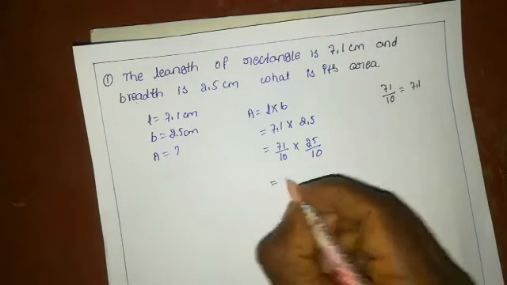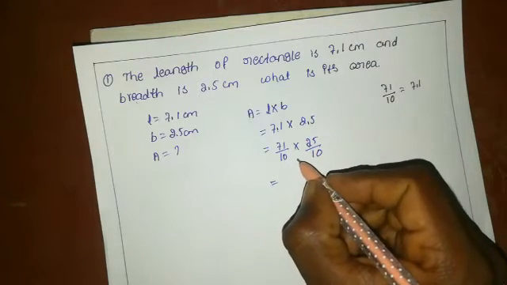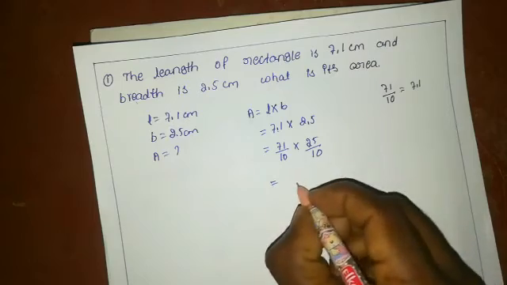Now we have to multiply the numerators and the denominators. We learned how to multiply fractions.